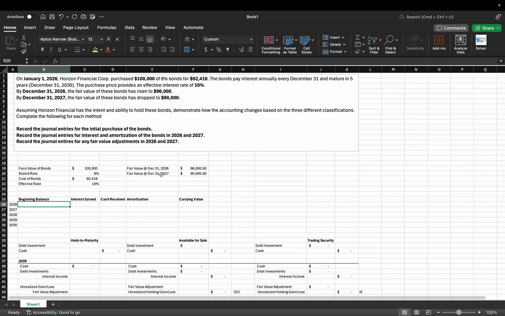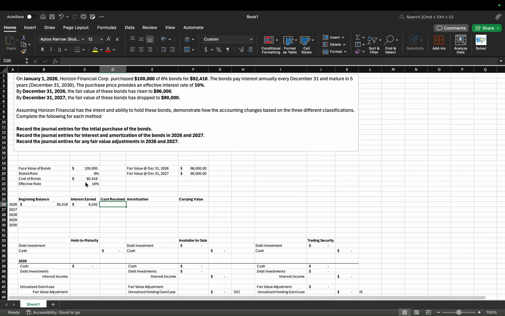To start, our beginning balance: we know we bought the bonds for 92,418. For interest earned, we're going to be using the beginning balance of the current year times the effective interest rate.